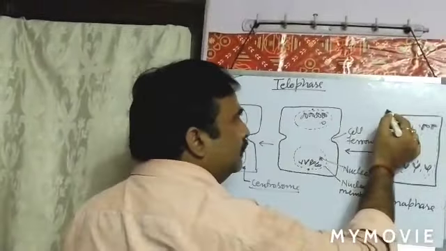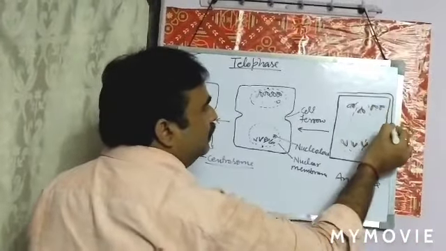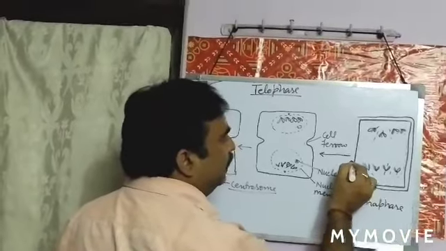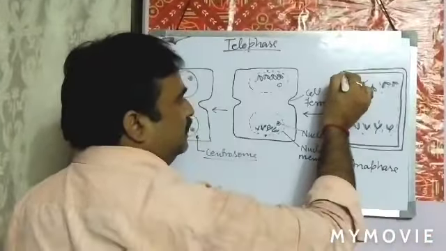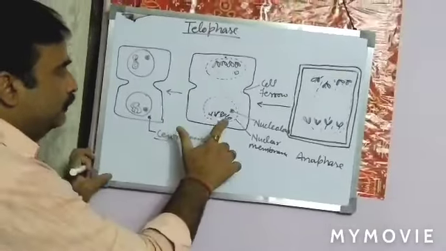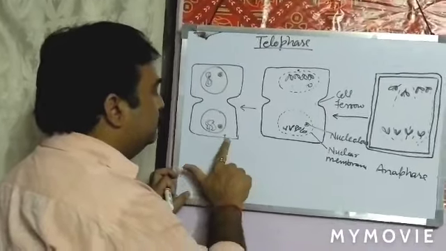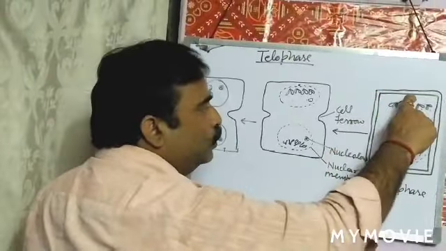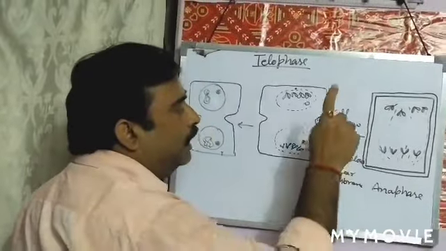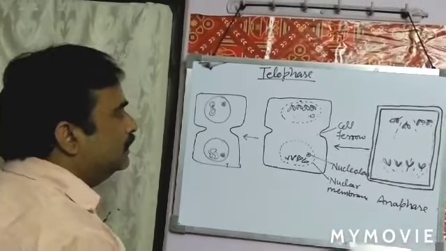And another thing, if one more covering is present, as I discussed in the beginning. In a plant cell there are no centrioles, there are no astral rays, and one more covering, the cell wall, is present outside the cell membrane.